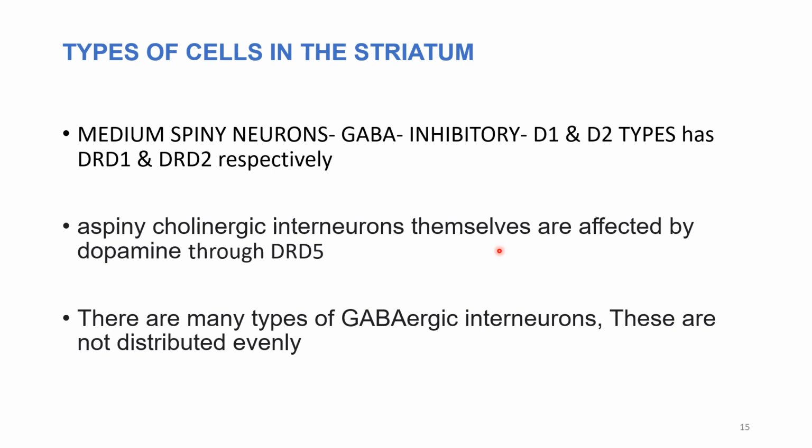They are affected by dopamine through DR5 receptors. And there are many types of GABAergic interneurons, which are not distributed evenly. So there are many kinds of neurons: GABAergic interneurons, medium spiny neurons which release GABA, and aspiny cholinergic interneurons which release acetylcholine.